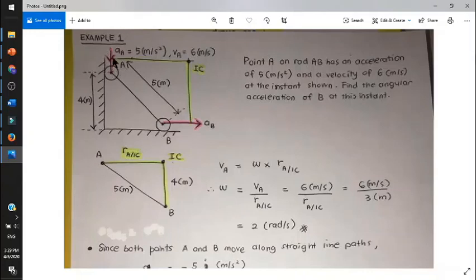First we have point A here, the pink color, and then we have point B here, the pink color. So now we have two non-parallel directions of velocity or acceleration. Then it is from method 2 of IC. Whenever you have two non-parallel directions, then you can draw the location of IC.